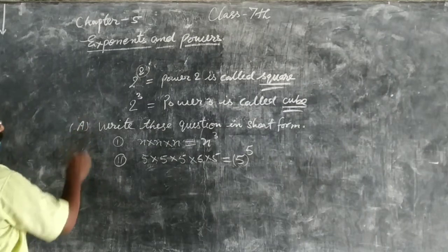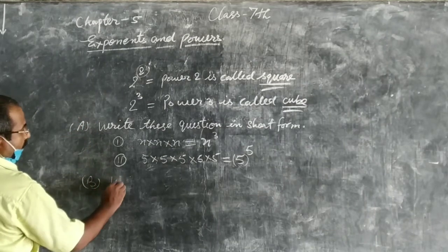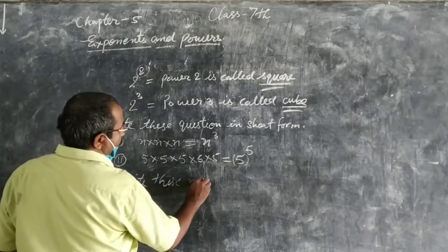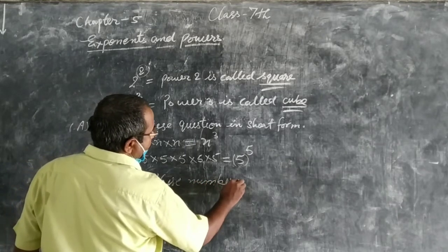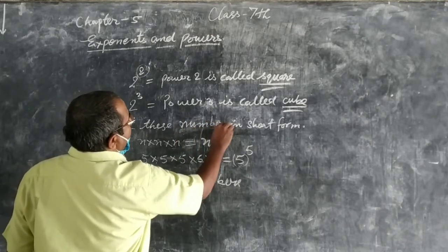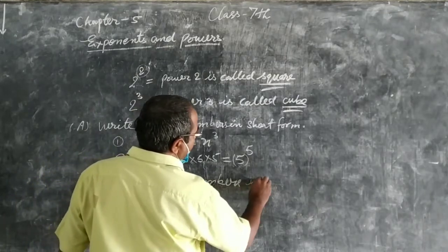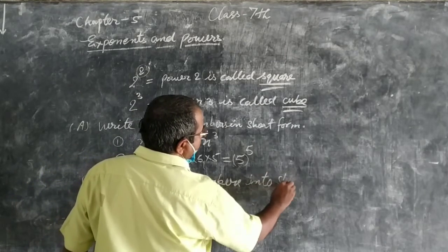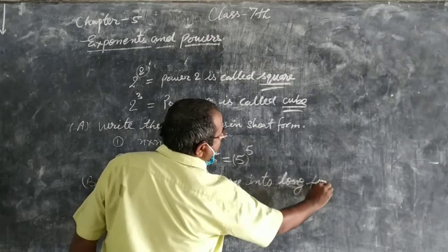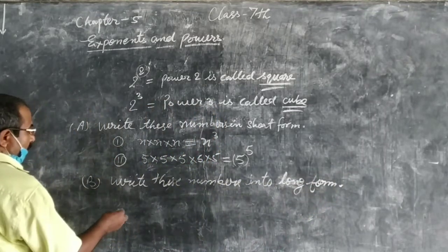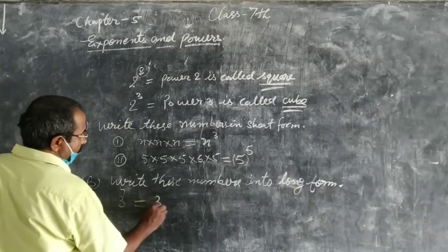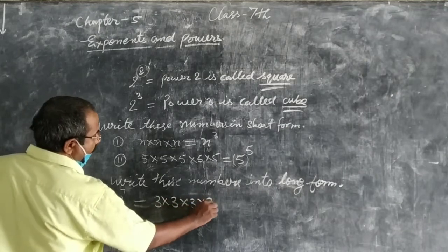If I would say write into the long form, how will you write in long form? Write these numbers from short form into long form. In this way, if 3 to the power 7 is written, you have to write 3 into 3 into 3 up to 7 times.